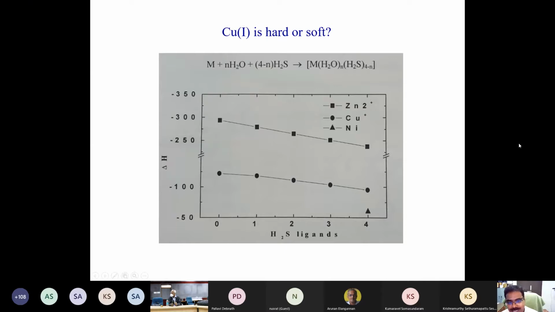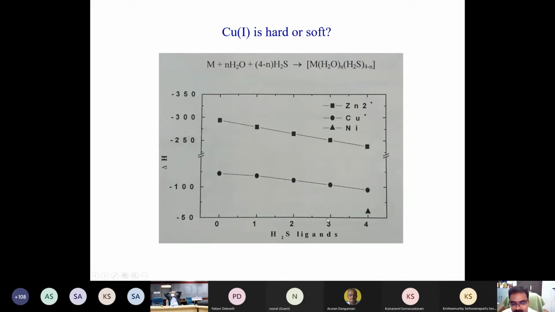Then later on, we had one question: is copper hard or soft? In fact, Dr. Bera, in his thesis, also did some work related to this. Then I was asked to check with some more examples to find out whether copper-1 is really soft or hard. Because we always think, and also see in the textbooks, that copper-1 is more soft in nature.